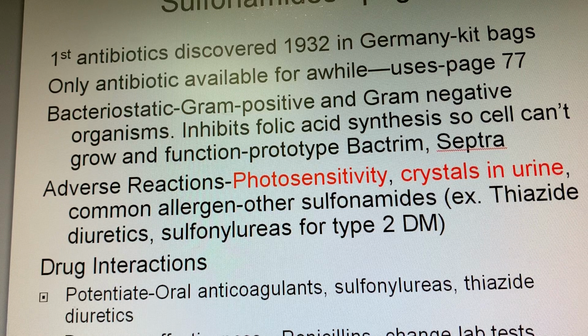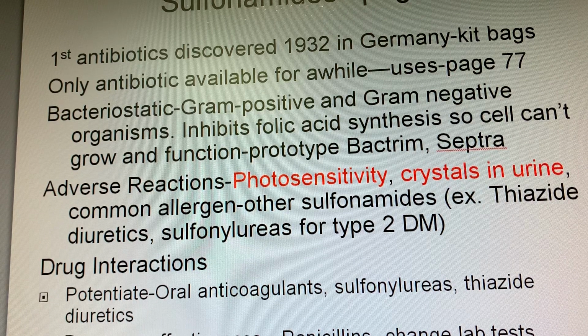So when soldiers in World War II first started going off to war, they would take these kit bags with them that had all their supplies and equipment, and they would take big bottles of sulfa powder, and that way if they were injured, the first thing somebody could do was pour sulfa powder into this wound, and there was a possibility of stopping bacterial growth.